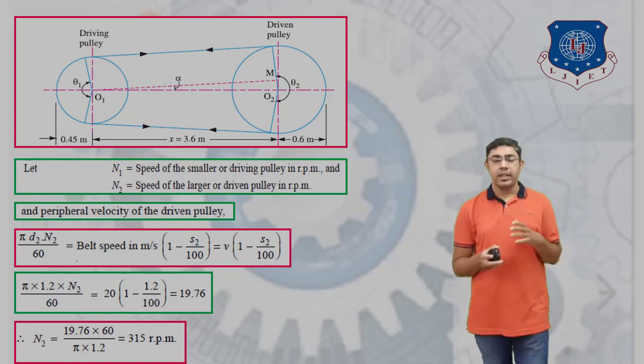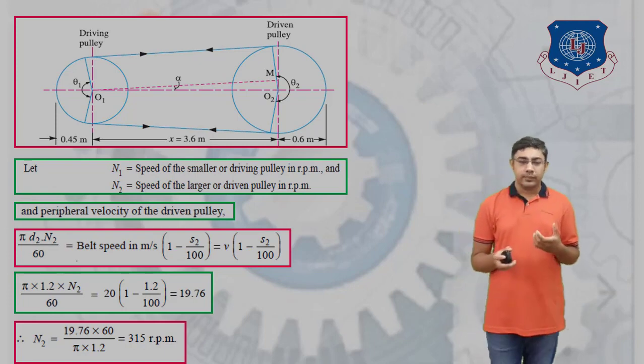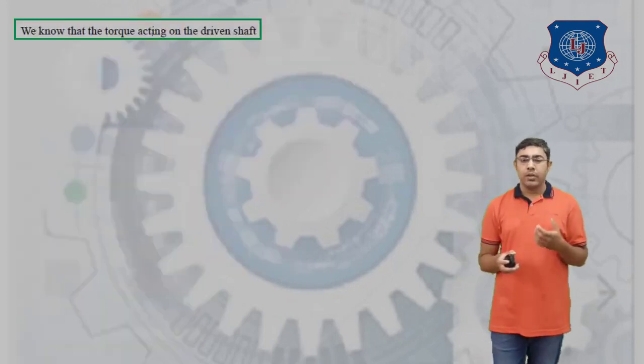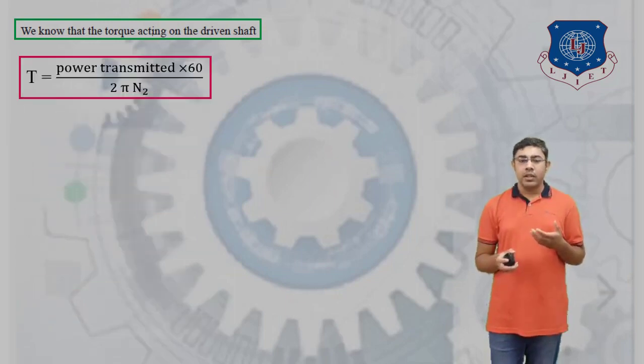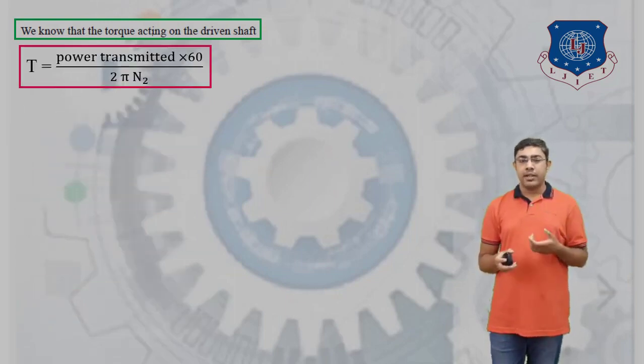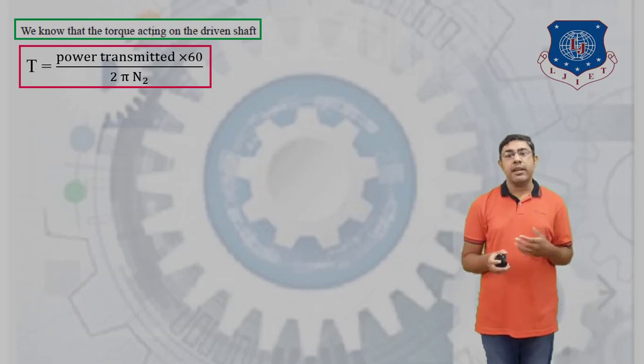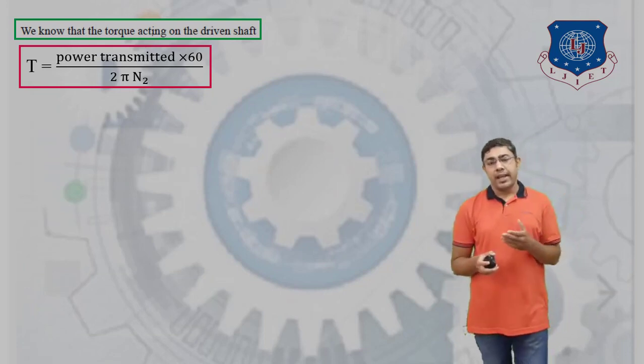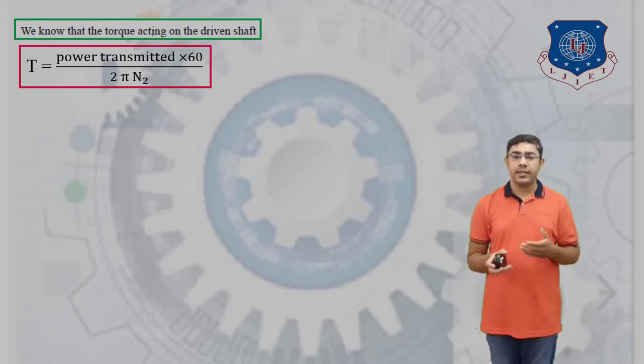So now we have calculated N1 and N2. Now we have to calculate the torque. We know the torque acting on the driven shaft: T is the power transmitted into 60 divided by 2 pi N. This is the equation of torque transmitted on the driven shaft.